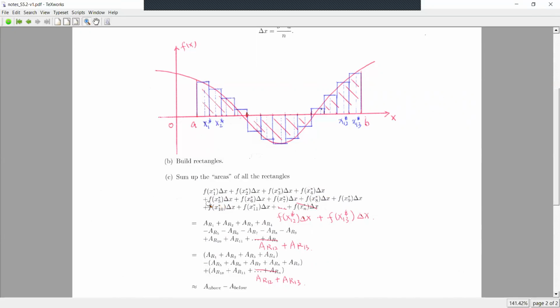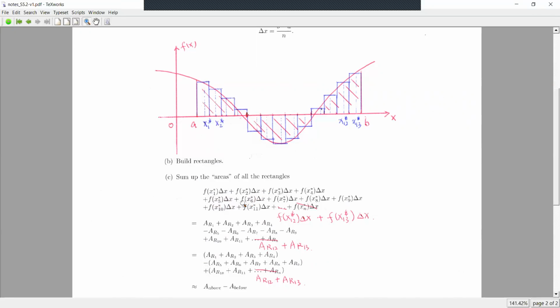Pay attention. The function value at x5 star is negative. Function value at this point, negative. So, a negative number times base is a negative number. The product is negative. But the area of a rectangle is always a positive number. So actually, this product is -1 times the area of this rectangle.